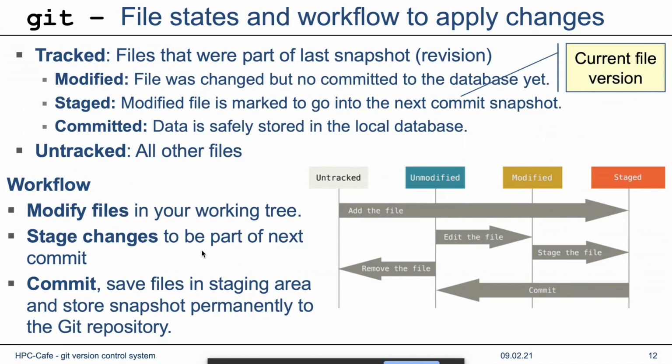Because of the staging area, you can really select one change, commit it, and then select the next change and commit it. So you really can separate changes for the commit, even if you already made them in the file. And finally, then you commit.